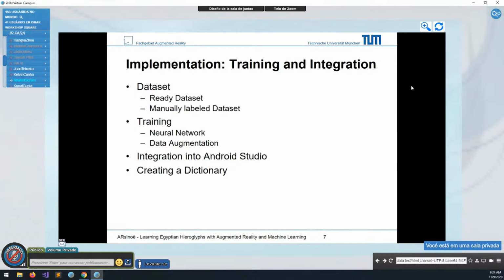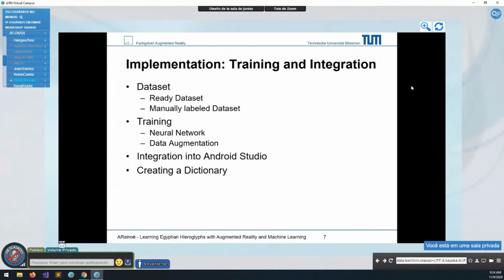But after filtration, because we only chose 35 glyph classes to make them the most commonly used glyphs, because the Egyptian language actually has around 1,000 different classes of glyphs. So it's really huge. So only around 6,800 manually labeled glyphs on those 35 different types of glyphs made a data set of size 10,000 for around the 35 different classes.